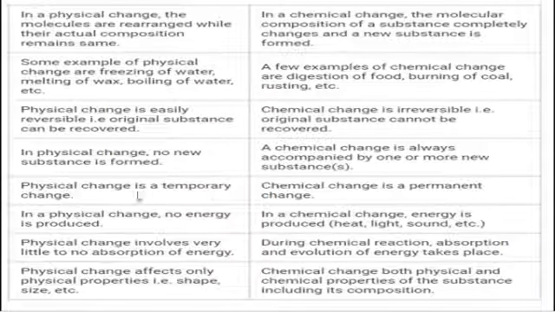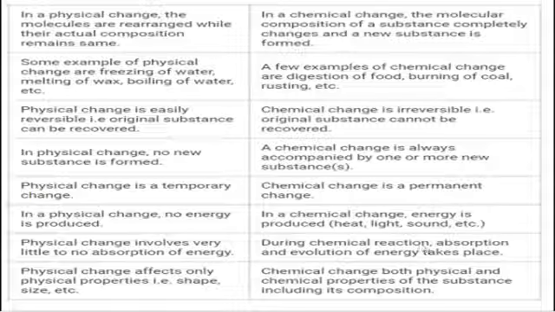A physical change is a temporary change. A chemical change is a permanent change. In a physical change, no energy is produced. In a chemical change, energy is produced in the form of heat, light, sound, etc. Physical change involves very little to no absorption of energy.